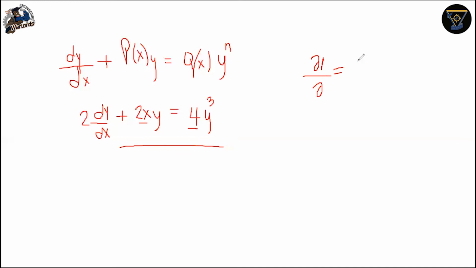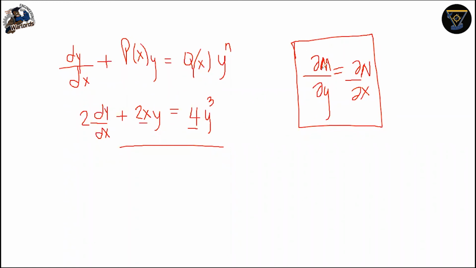I don't quite remember which, but you have del M over del y and del N over del x. One of these is supposed to be an x or a y, but I don't remember. But once del M over del y is equal to del N over del x, all right, good. So this is how you know if it's an exact differential equation.